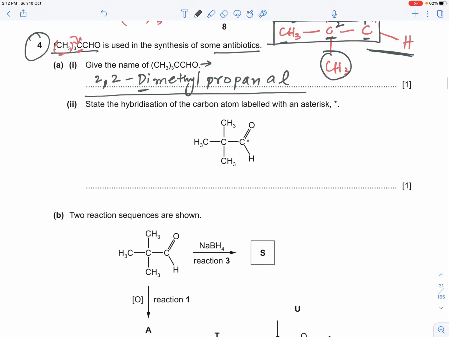Next part is: state the hybridization of the carbon atom labeled with an asterisk. So this is the carbon whose hybridization they want us to find out. So this is very simple. Finding out the hybridization of any atom is very simple. You just have to count 2 types of electron pairs. Just count 2 types.